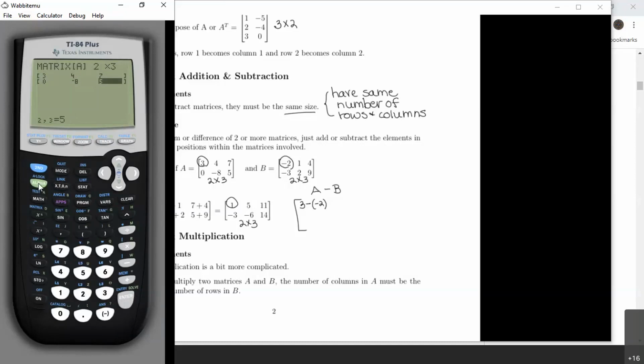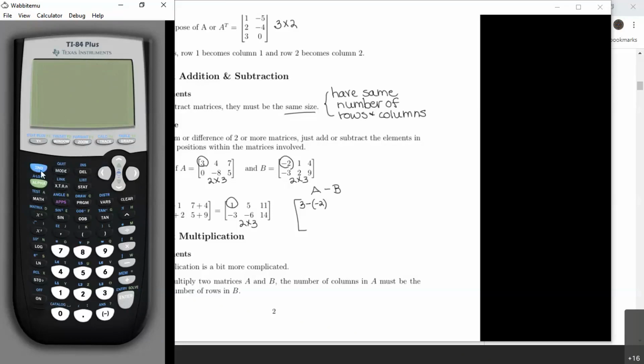My recommendation to you is some students try to navigate once they're inside a matrix. That usually results in you having garbage in your matrix. So I tell my students, even though it takes a while, quit out of your matrix and come back in to do more operations. So I'm here in my last row. My matrix looks good. I'm going to quit. See it up here? Second, quit.